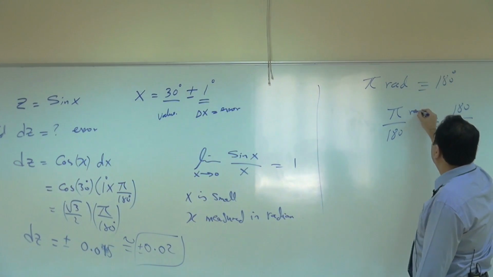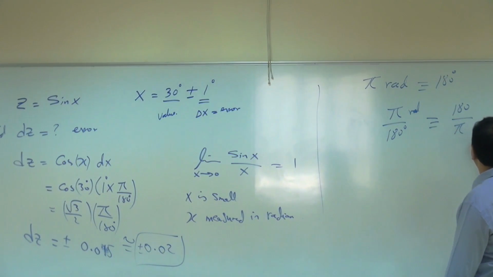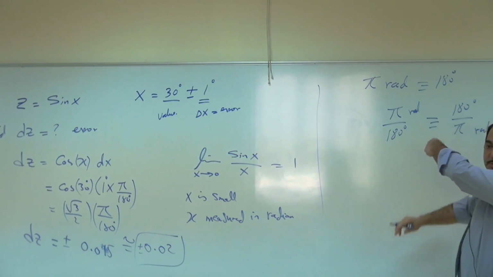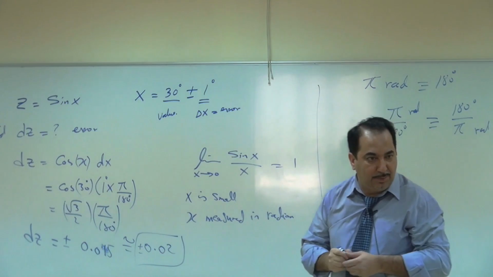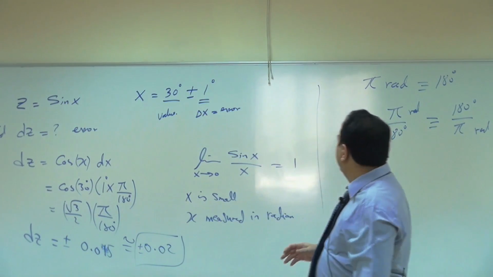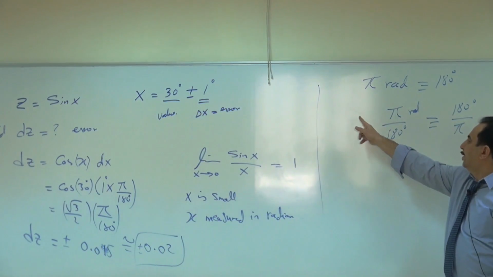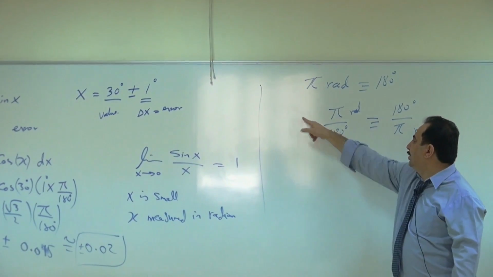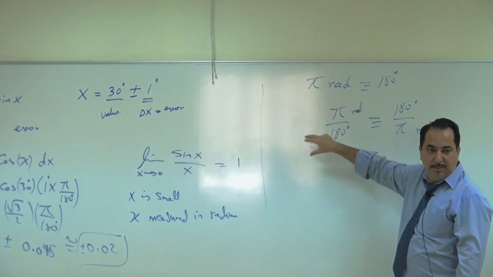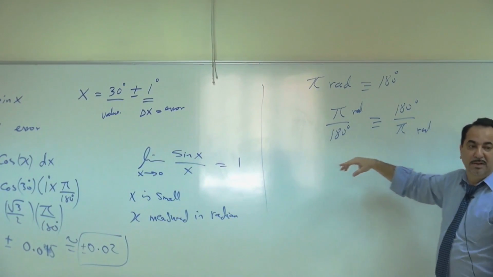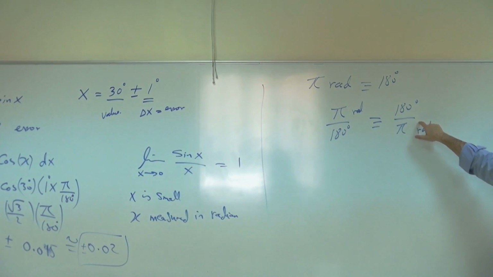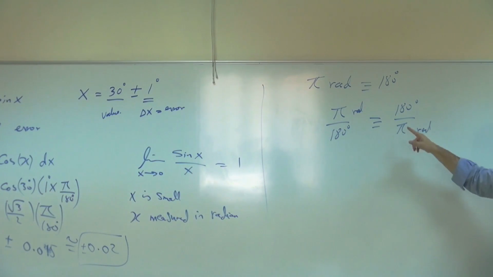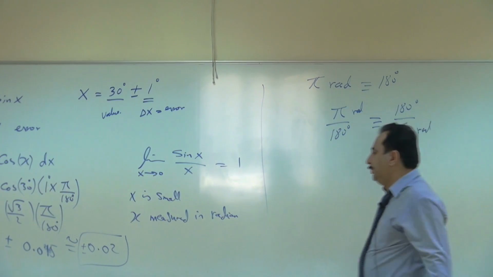This is rad, this is degree. You switch it the way you like if you want to convert. So if you are converting from degree to rad, degree will be here, rad here, so this is the way you do it. But if you have rad, you have to use this one, because rad with rad cancels, it becomes degree.